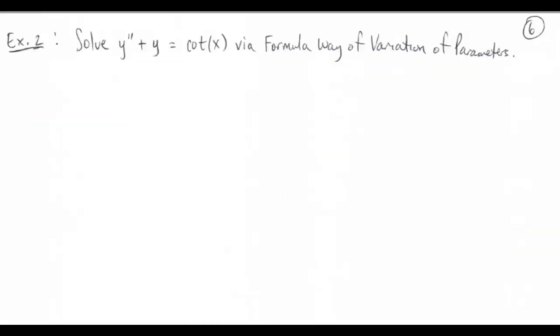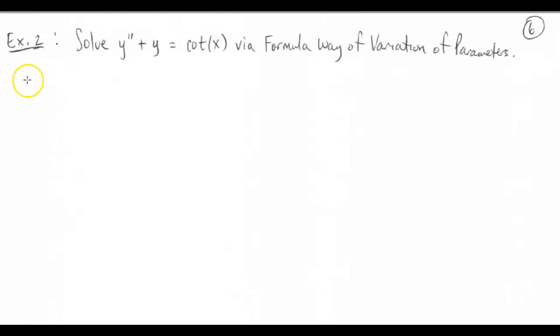All right, so for our next example, we're actually going to solve this second order linear non-homogeneous equation using the formula way that I mentioned earlier in this video. And so we know for second order linear ODEs that are non-homogeneous, there is a specific formula that we use.